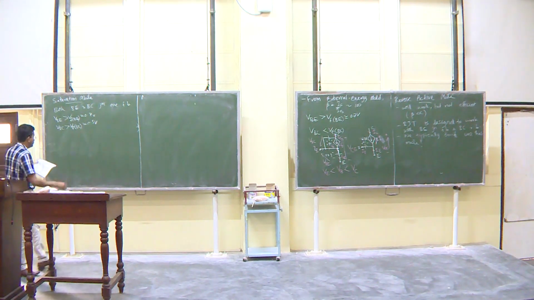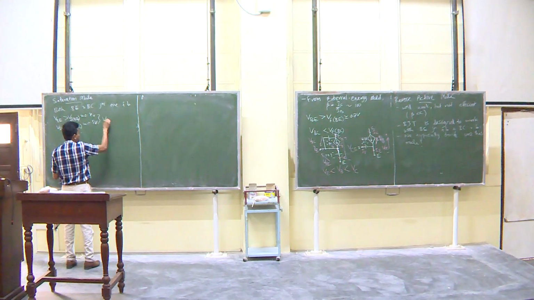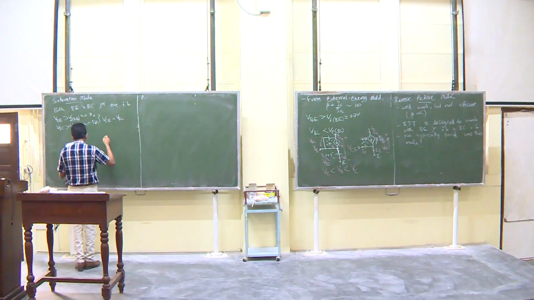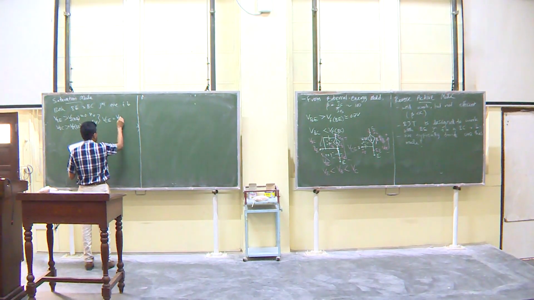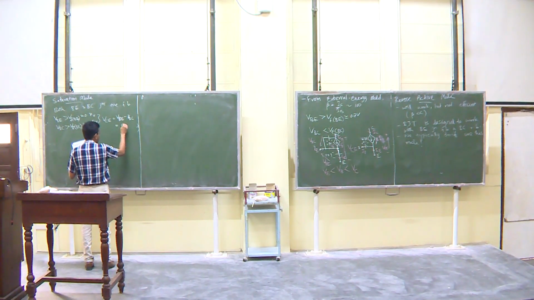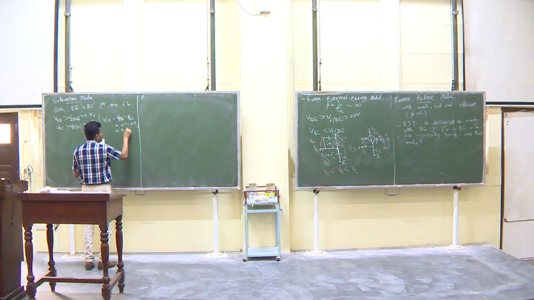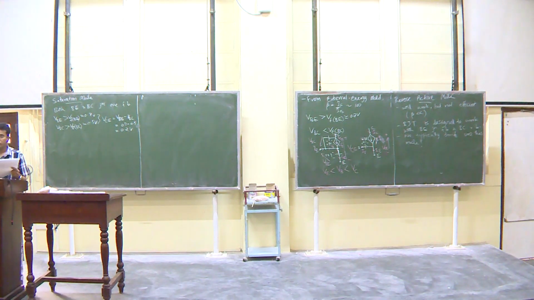So, with these two there, VCE, which is actually equal to VBE minus VBC, is like 0.7 minus 0.5, which is 0.2 volts, right.